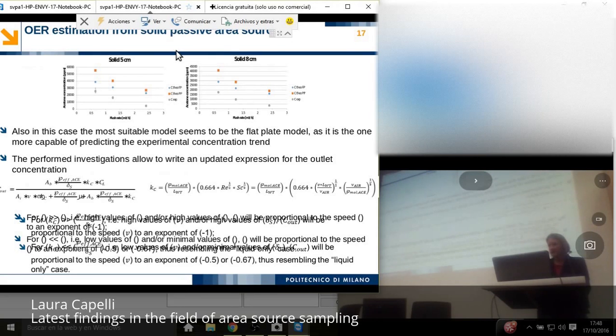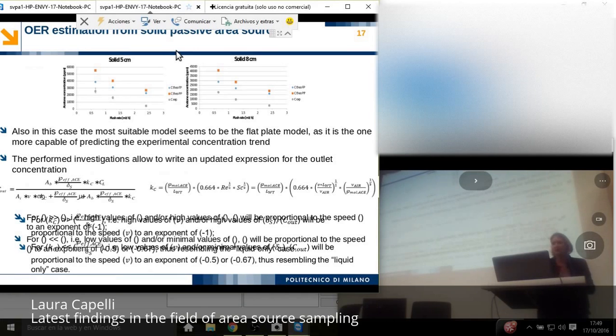And what is interesting is that in this expression, you can see that if the diffusion into the solid is inhibiting, so if the diffusion coefficient inside the solid is very low, then you have a situation in which your outlet odor concentration is proportional to the sweep air velocity elevated to an exponent of -1, which on the other hand means that you are approaching a case in which your odor emission rate is constant with respect to the sweep air velocity.